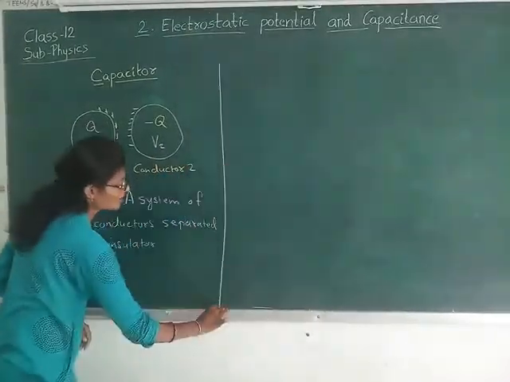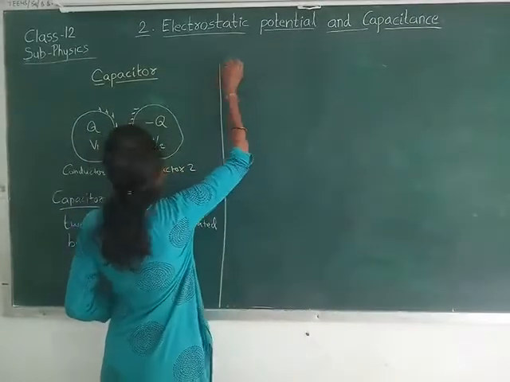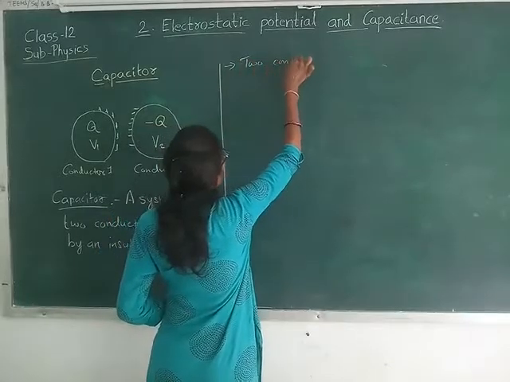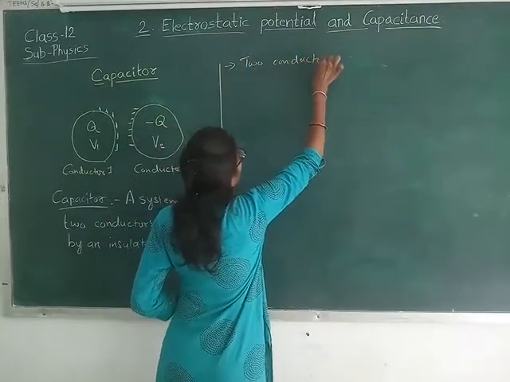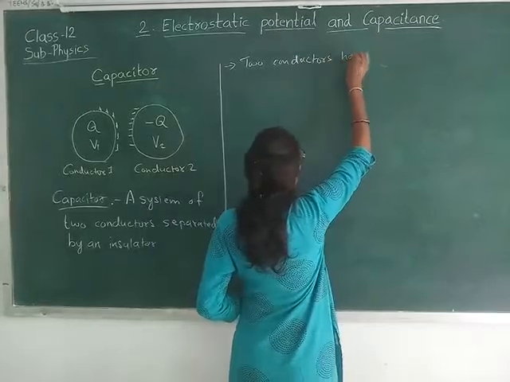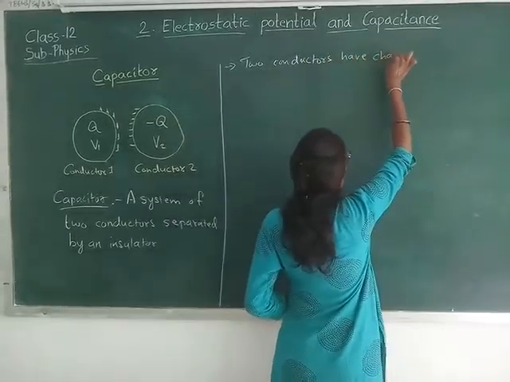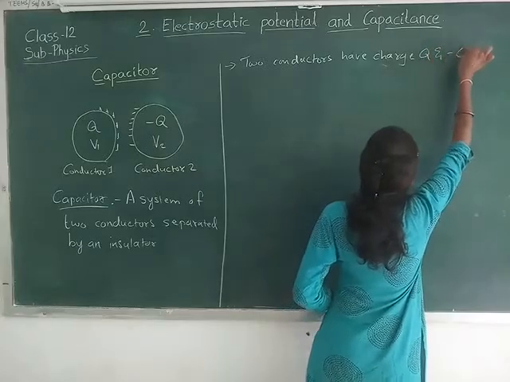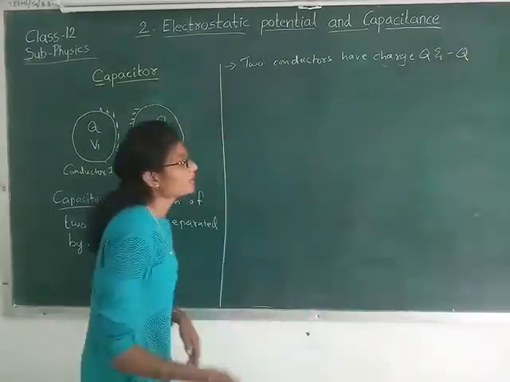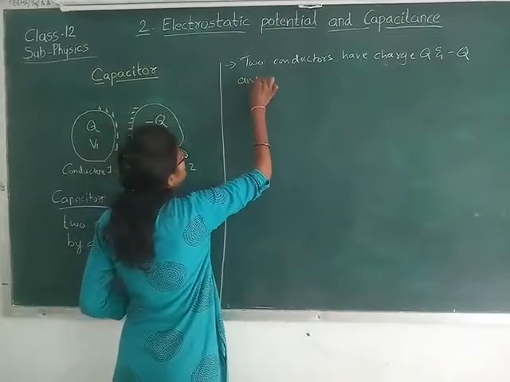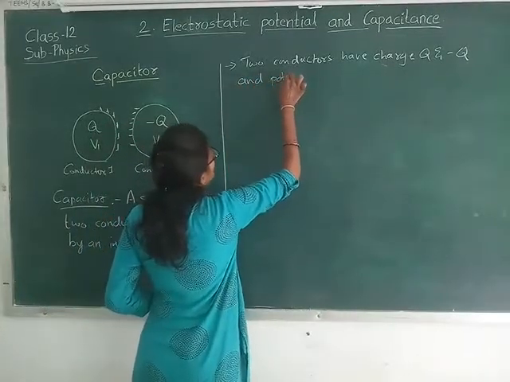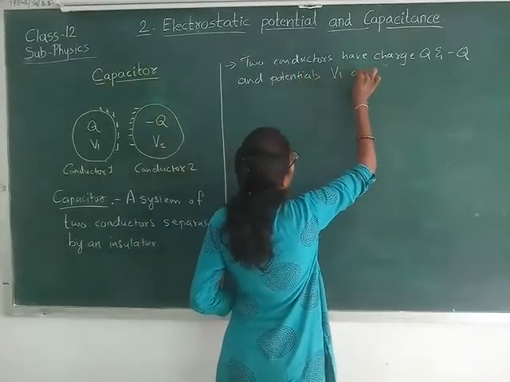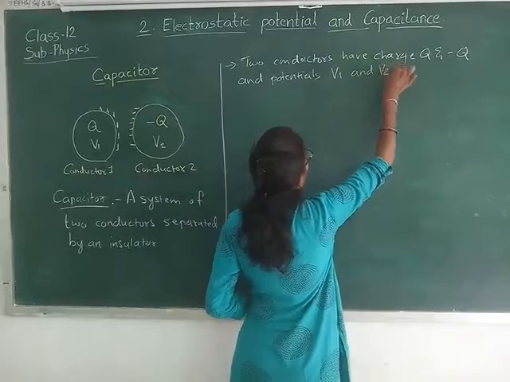So from the figure, notice that two conductors have charges Q and minus Q, and they have potential V1 and V2.